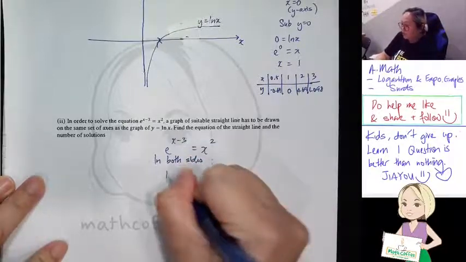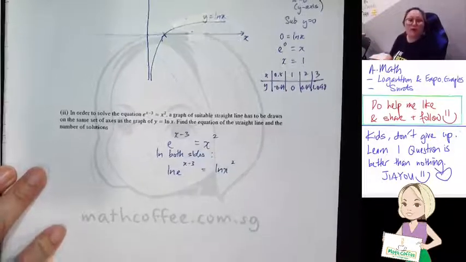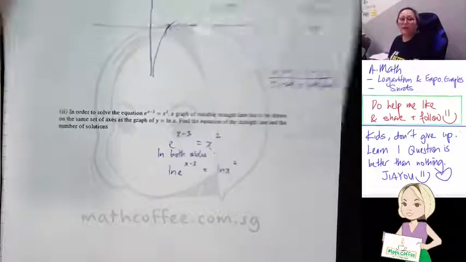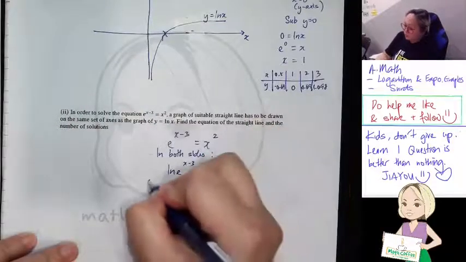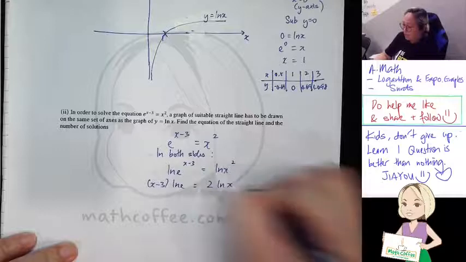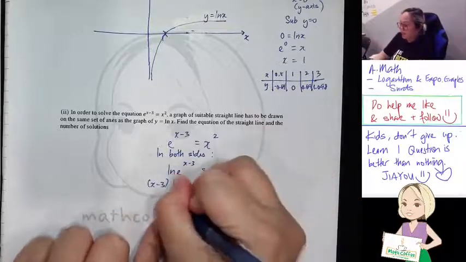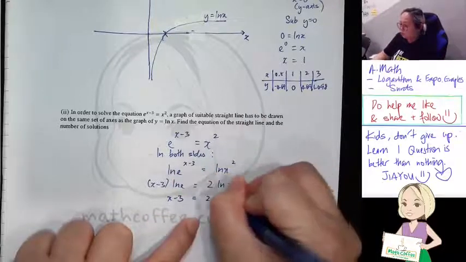So it becomes ln e to the power x minus 3 equals to ln x squared. And power law tells me that I can bring down my power. So this is x minus 3 ln e equals to 2 ln x. Ln e is 1, so it disappears. It becomes x minus 3 equals to 2 ln x.